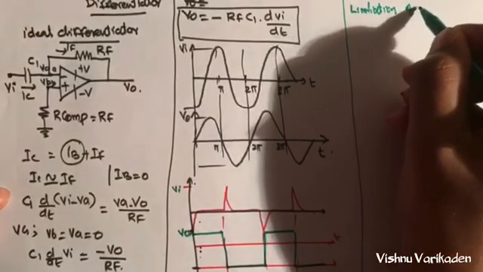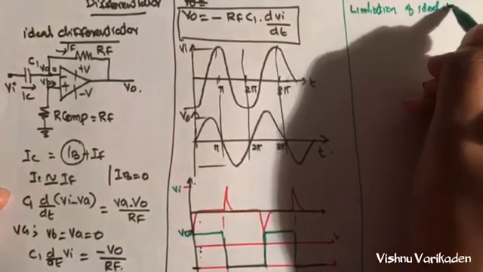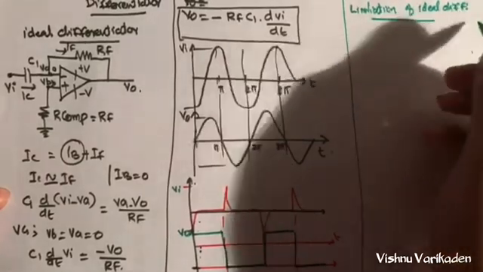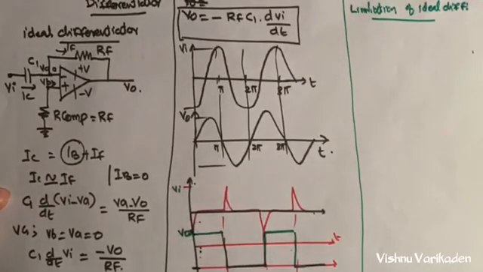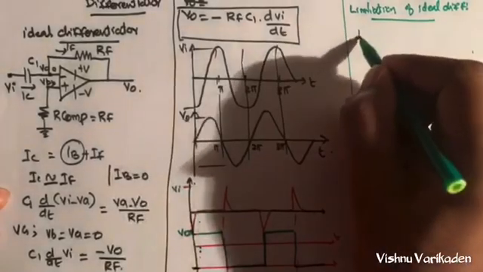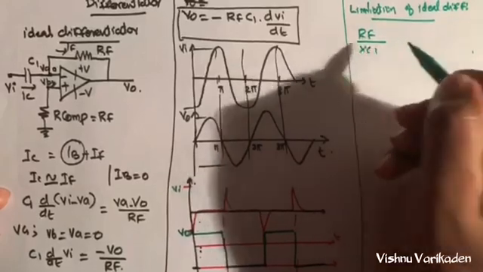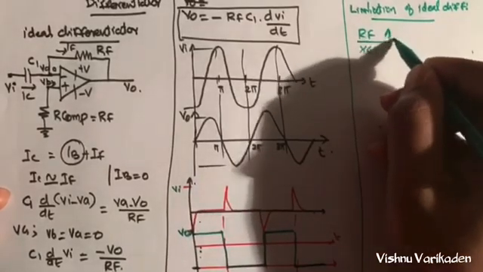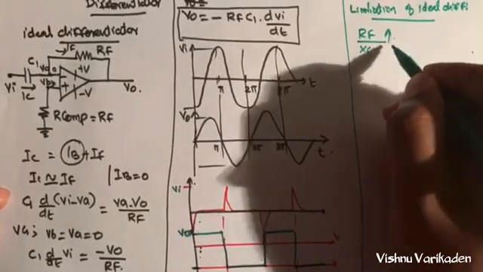So we will write the limitation of the ideal differentiator. The ideal differentiator has some practical problems. The gain of the circuit, Rf by XC1, increases with the increase in frequency.